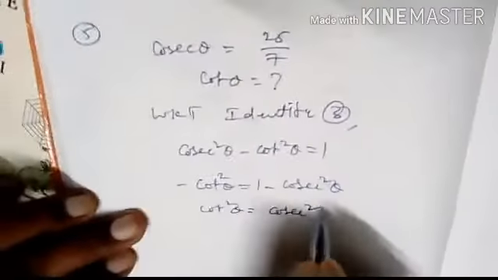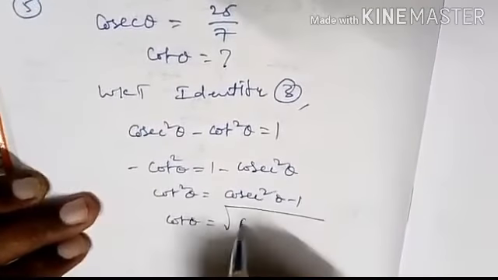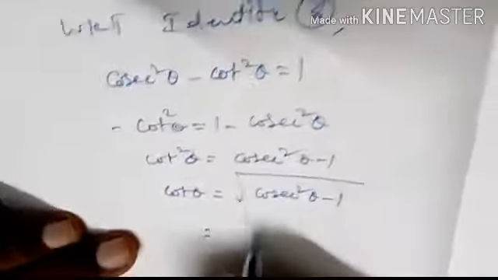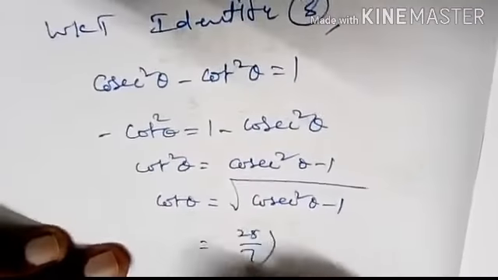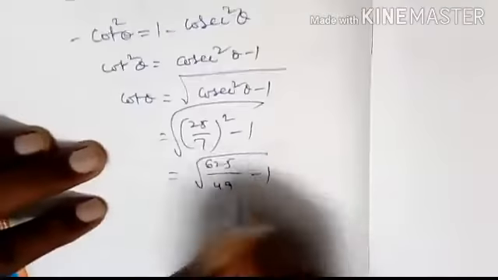Cot theta is equal to square root of cosecant square theta minus 1. So we have cosecant theta, (25 by 7) whole square minus 1 under square root. 25 square means 625, 7 square means 49, minus 1.